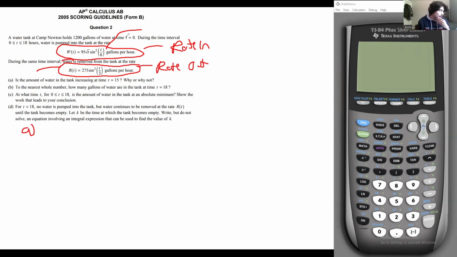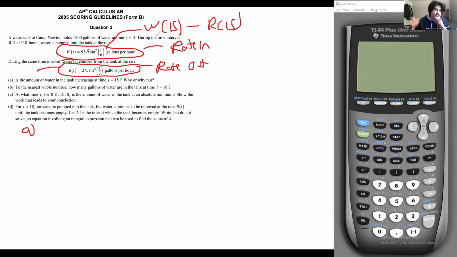So guys, I would like to emphasize that this is a rate in and this is a rate out. So what we have to do is subtract our rate out, R15, from our rate in, W15. So W15 minus R15. Why am I saying 15?